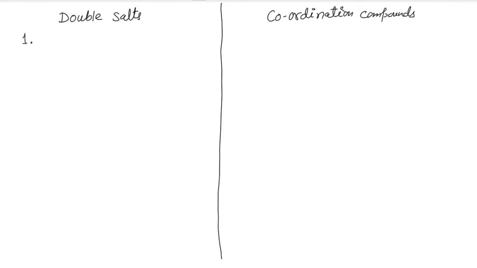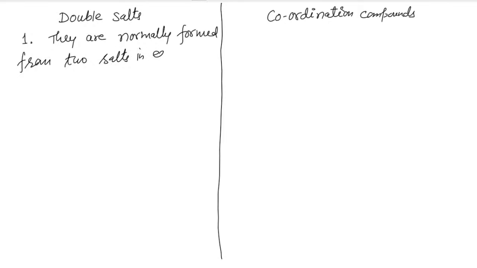So double salts are normally formed by mixing salts from two salts in equimolar proportions from their solution.